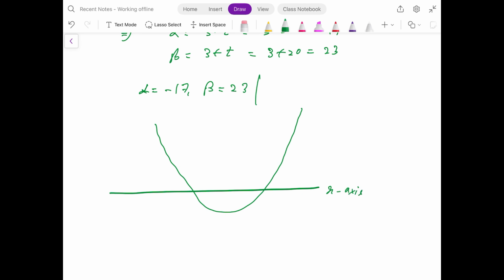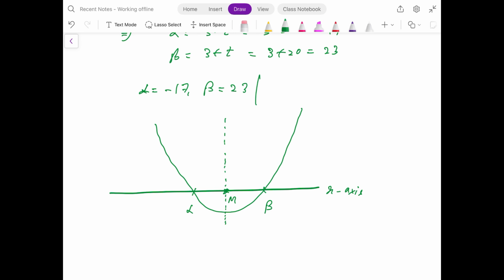If the real roots of the quadratic exist, that means the graph of the quadratic will cut the x-axis at 2 points. Here this is the axis of symmetry, and the graph will be exactly the same on the left hand side and right hand side about this axis. So this is the midpoint of the roots. If we call it m, the midpoint of the roots of the quadratic, alpha and beta, is m.